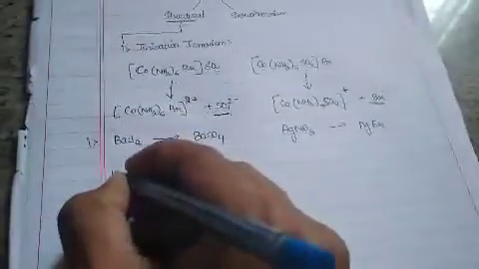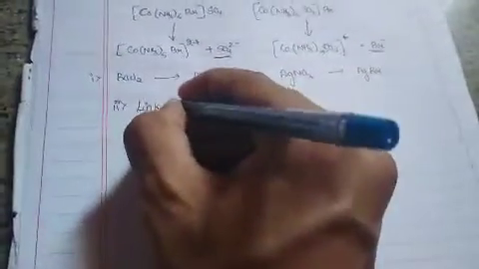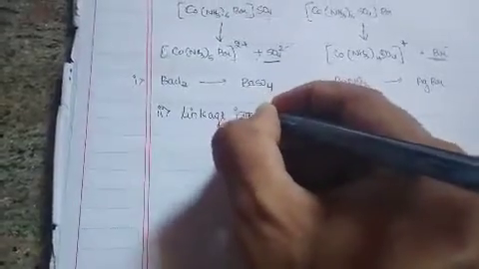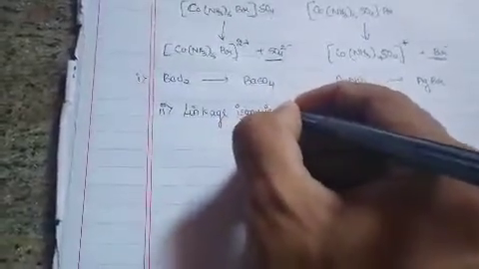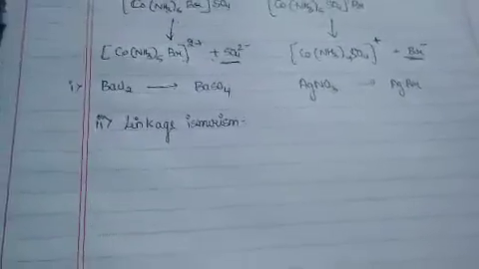The second important part we are going to see with respect to structural isomerism is another type called linkage isomerism. So here also two or more complexes have the same molecular formula, but they differ in the mode of attachment of the ligands.